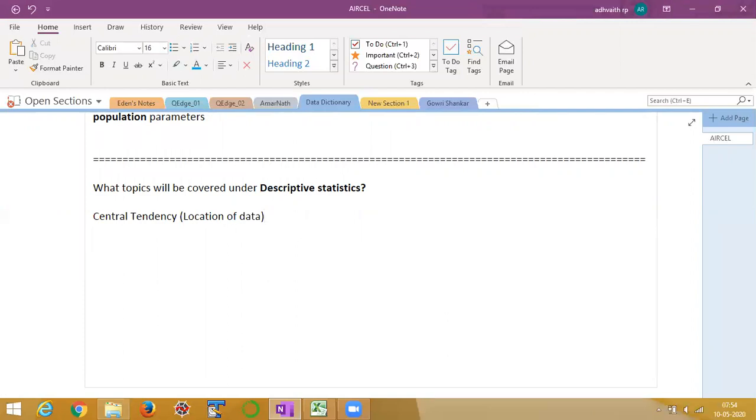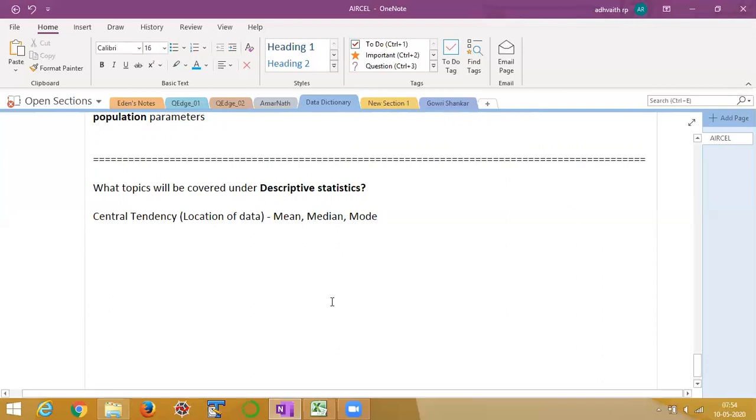I mean, most of the data points are falling at which position, which location? That is central tendency. In this, we are going to discuss mean, median, and mode. Most people are not clear on when to apply mean, median, or mode. We will discuss all those things.